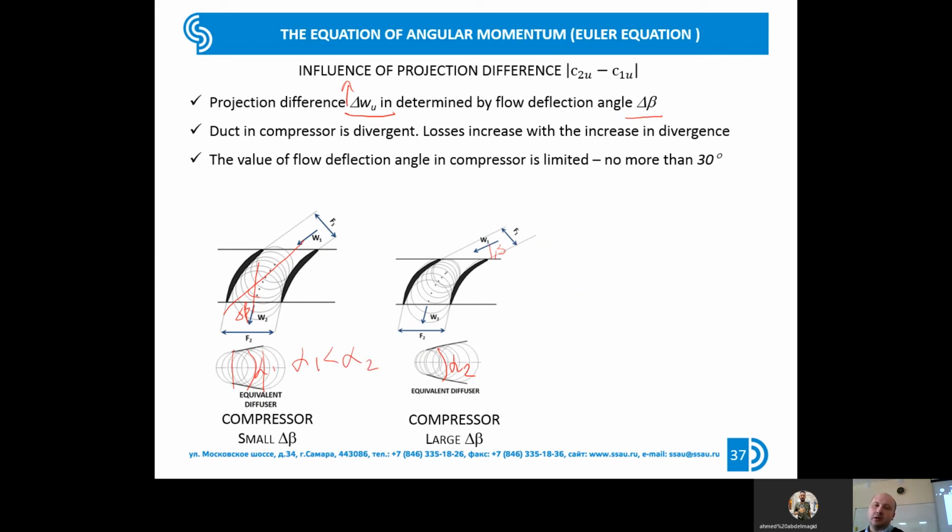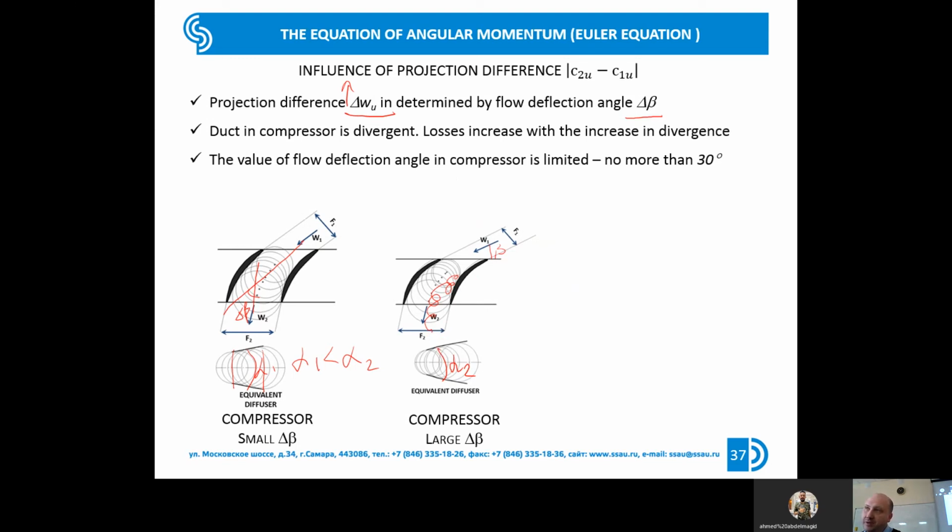But if you increase this angle, you increase the probability of separation, and finally you increase the probability of losses. That's why it is not a good idea to strongly increase delta beta in the compressor, because finally you receive a great value of losses. For example, you could imagine that you could get separation here.